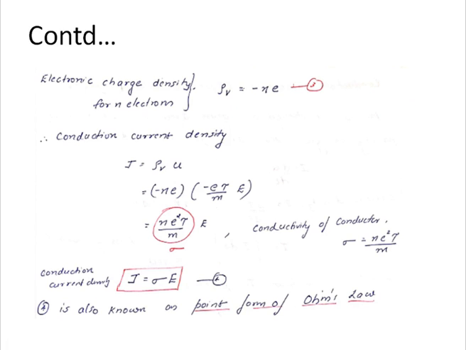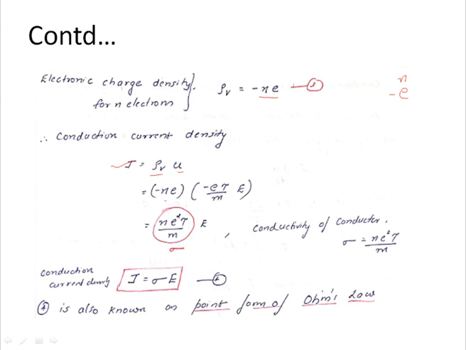Next we will go ahead with rho v. If e is the electron having a negative charge and n is the number of electrons, then the total charge density will be minus e into n, right? Then the conduction current density equation J we have already studied: J is equal to rho v into u. Rho v we know, put it over here.